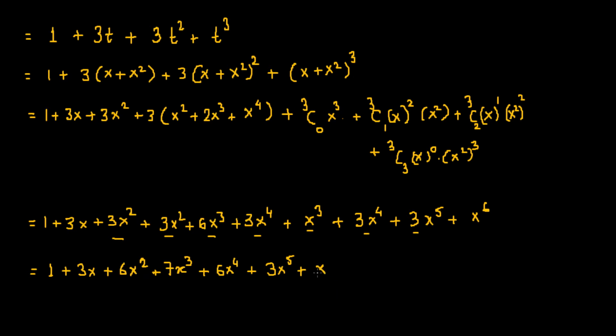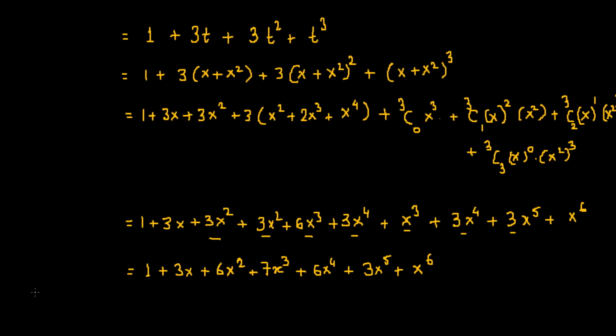I think everything has been taken care of, so we have the final expression as 1 plus thrice x plus 6x squared plus 7x cubed plus 6x raised to the power of 4 plus 3x raised to the power of 5 plus x raised to the power of 6. So this is the binomial expansion of 1 plus x plus x squared whole raised to the power of 3.